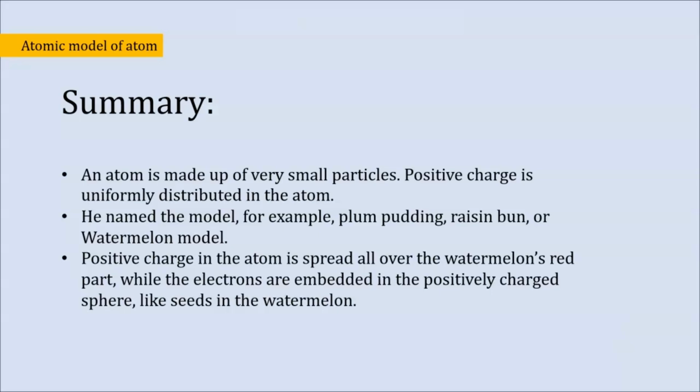The positive charge in the atom is spread all over the watermelon's red part, where the electrons are embedded in the positively charged sphere like seeds in a watermelon. And if you want to calculate the mass of an atom, that means the whole atom mass, the number of protons present will be the mass of an atom.